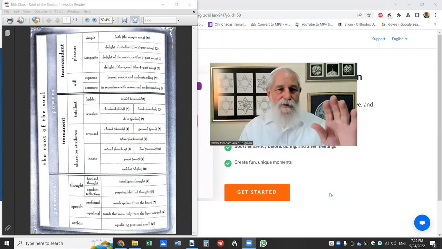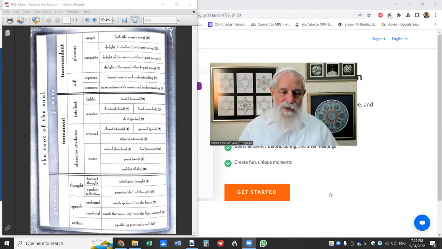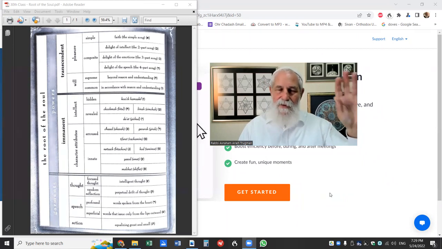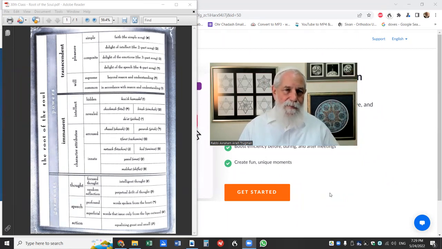Okay, so those are the transcendent powers of the soul. Again, for those who studied with us the Sefirot and are familiar, this is Keter. All of the transcendent powers of will, pleasure, and ultimately faith, Emunah, is in Keter.